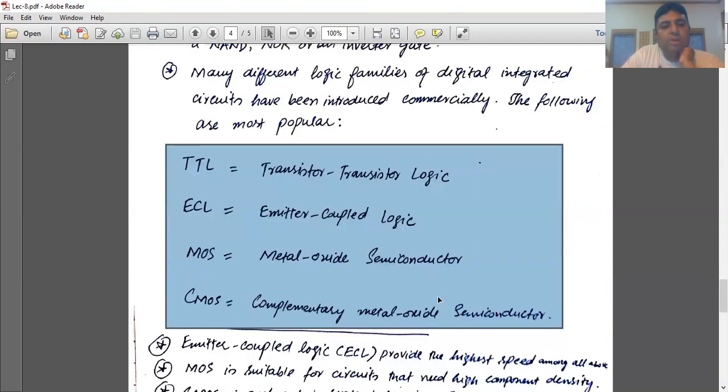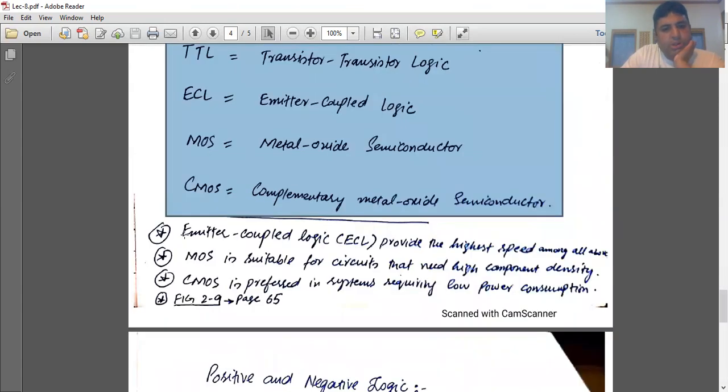These four classes are thoroughly investigated in a course called Digital Electronics, which you will probably study in this degree. Basically, these are the techniques by which your gates are fabricated inside your chip. These are the digital electronic families, or circuit technologies, used to make your IC chip or integrated circuit.